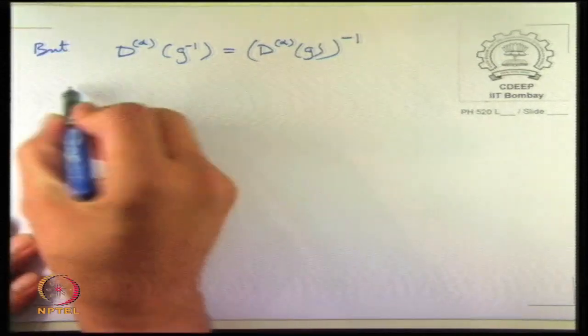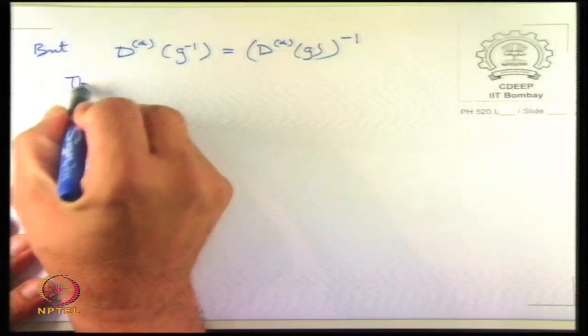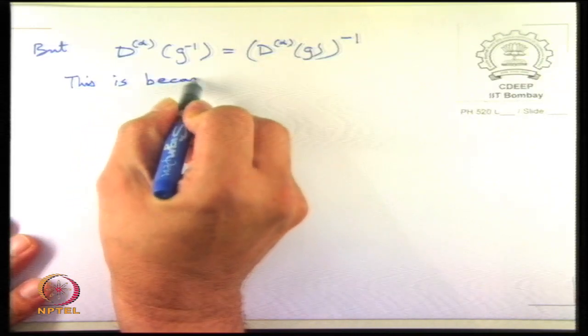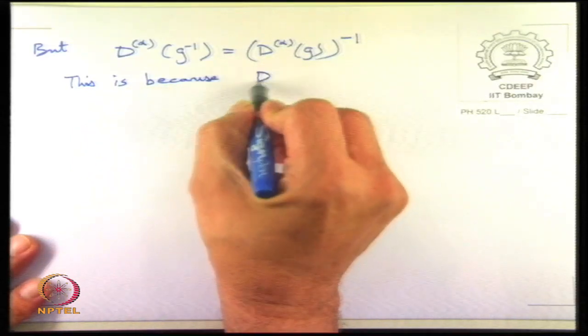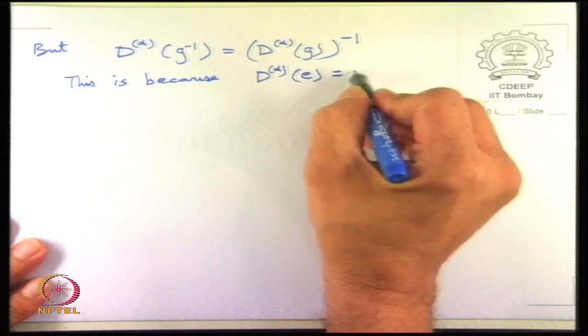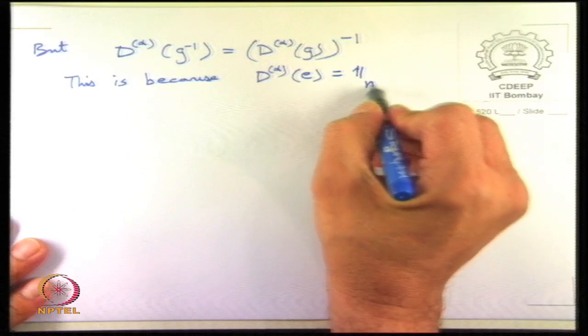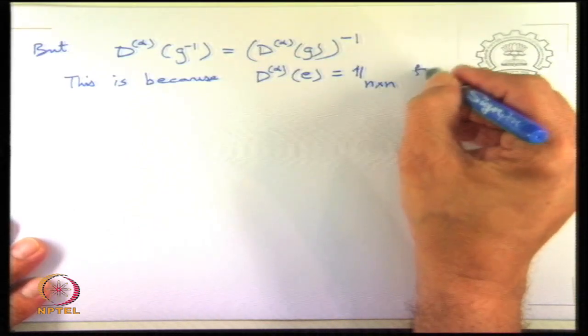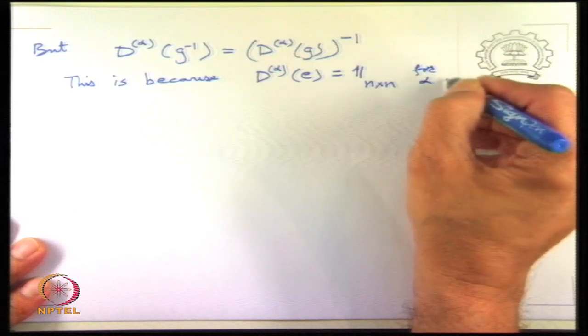This is because you have to get the identity matrix out of this multiplication. So if it is the inverse, this is because D alpha of identity is simply equal to n by n for alpha n-dimensional.